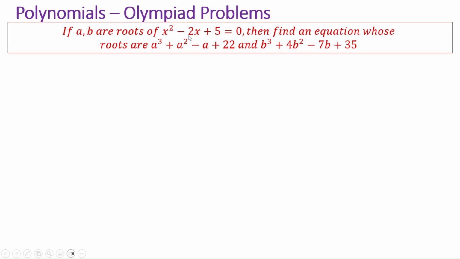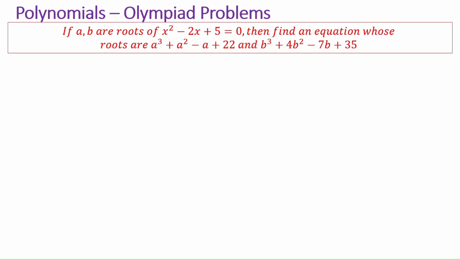If you apply the quadratic formula, minus b plus or minus square root of b square minus 4ac, where do you land up? b square is 4 minus 4 into 5, so 4 minus 20, you get a negative determinant.